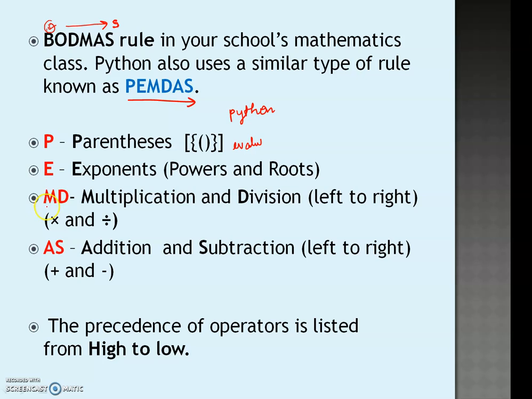Next is multiplication and division, where the first priority is given to multiplication and then to division. The last one is AS, that is addition and subtraction. First priority is for addition and the second priority is given to subtraction. So let's try to understand this in detail with an example in the coming slide.